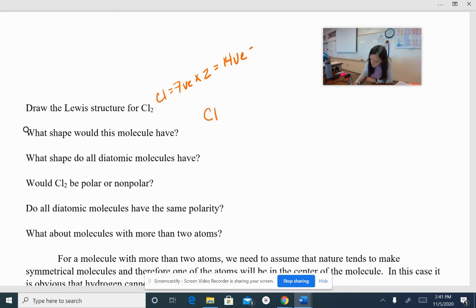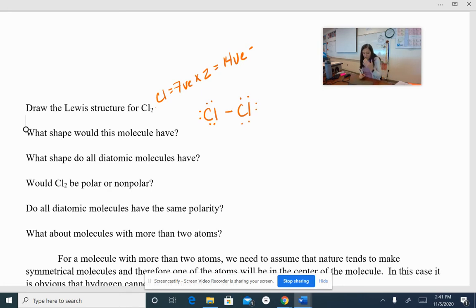I've placed 2. I still need to place 14 minus 2, which is 12. If I divide by 2, that means 6 electrons on each of these, right?